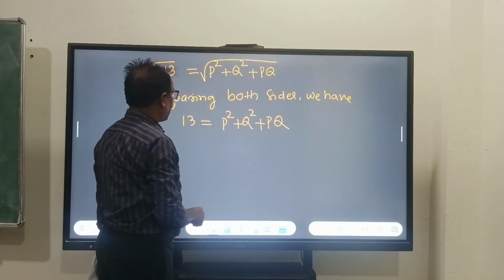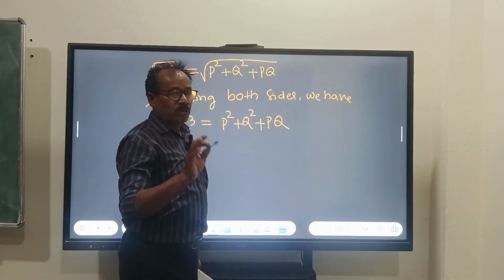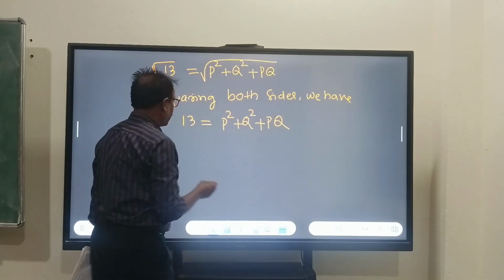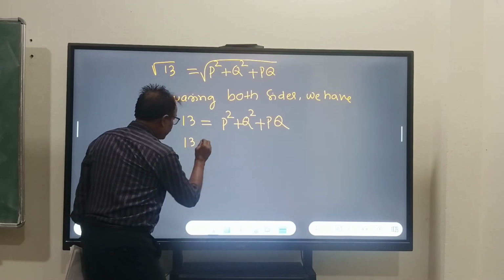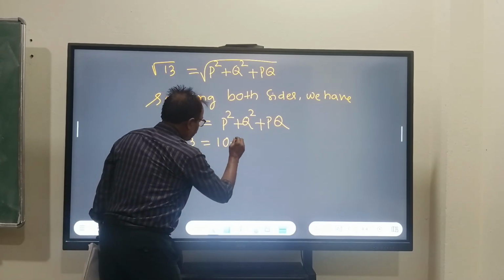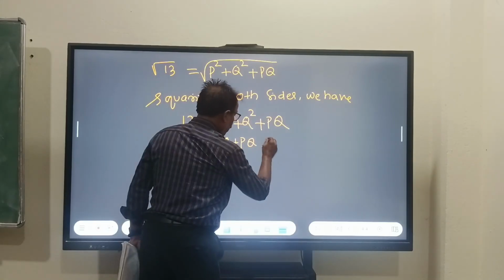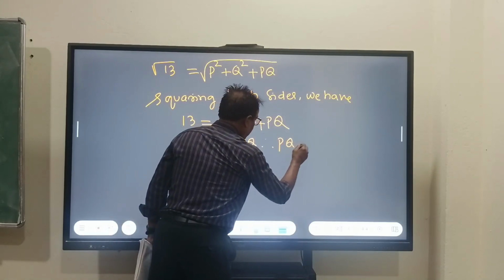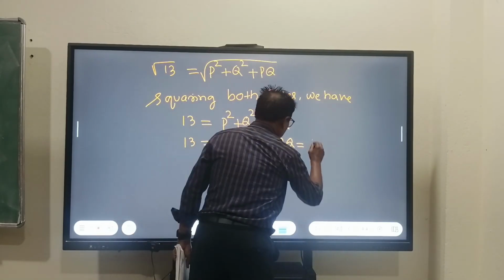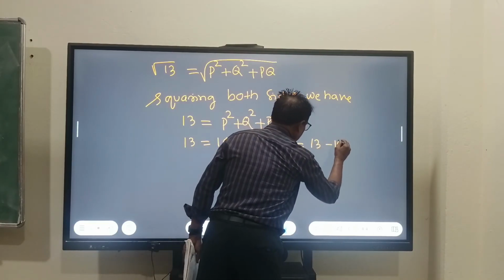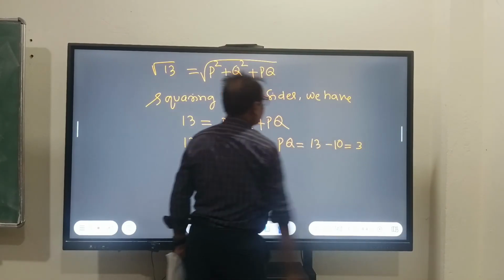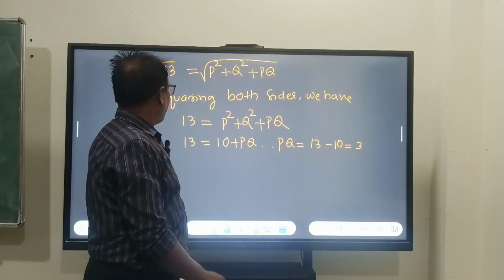From the previous equation, you know P square plus Q square is equal to 10. Then we have 13 is equal to 10 plus PQ. Therefore, PQ is equal to 13 minus 10, which is equal to 3.